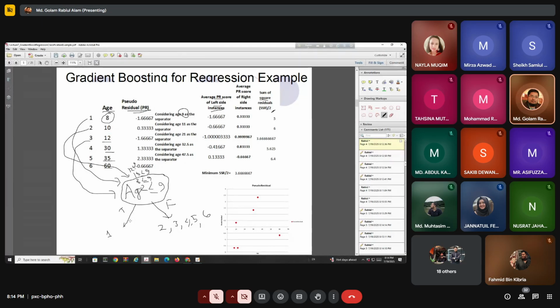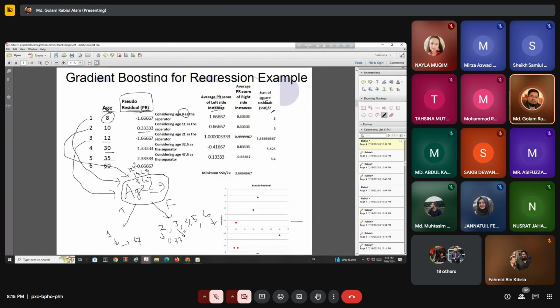Now we have to find the equivalent pseudo-residual numbers. For the first one it is negative 1.67. For 2 it is 0.33.